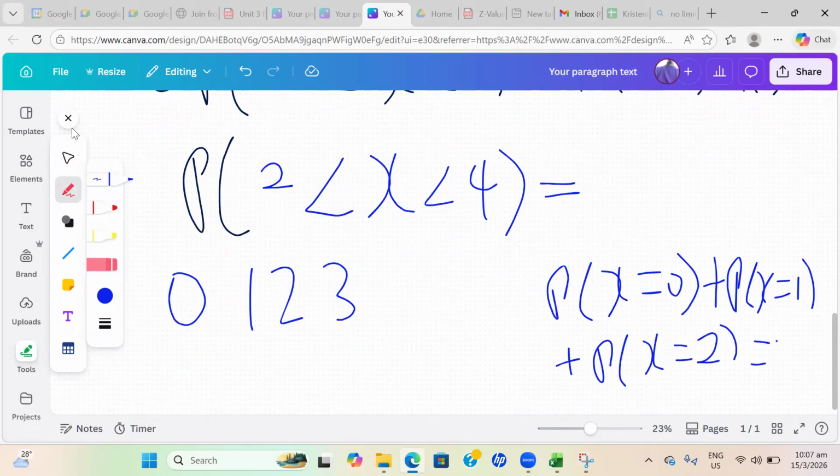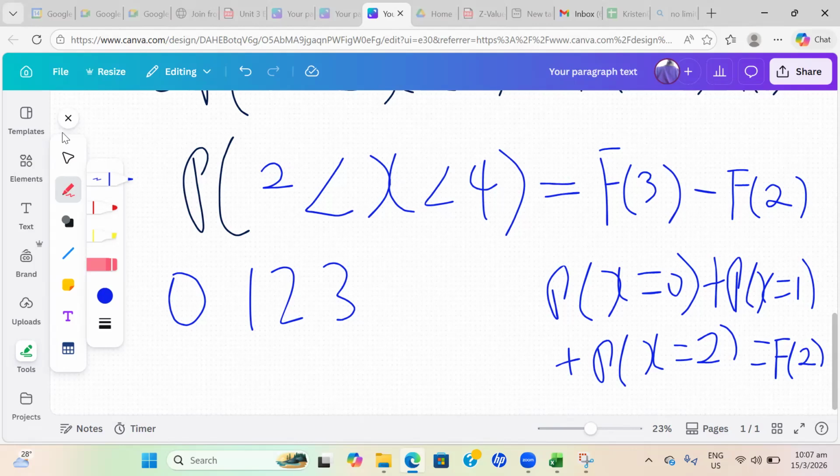That's the same thing as saying f of 2, and that is what we're excluding here. So minus that value. And we are not including the 4. So we have f of 3 minus f of 2. And there you go, 4 formulas for cumulative probability distribution created by Noel Powell. All right, I did this formula in 2024.